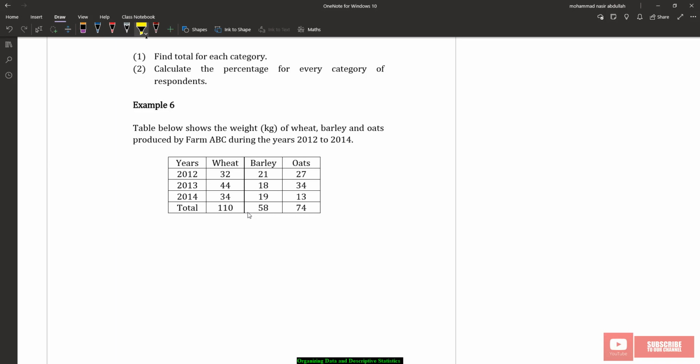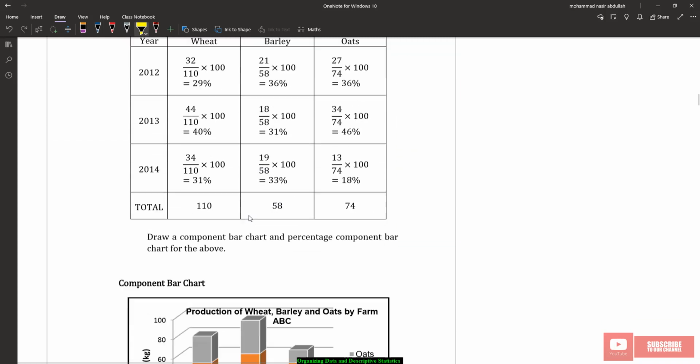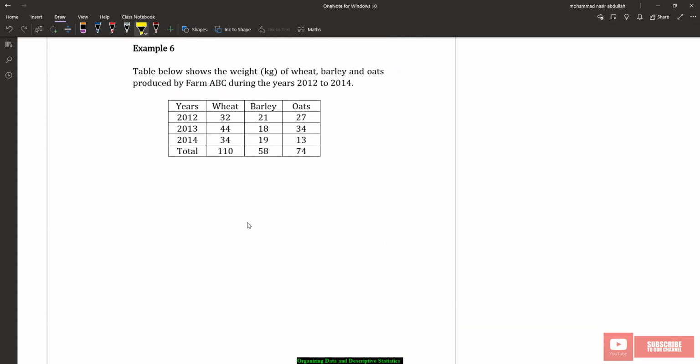So now let's look at this one. Basically we have three categories, either years, and this one is what the farm produces, wheat, barley and oats, right?